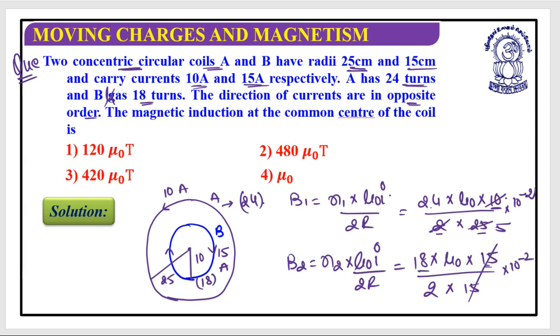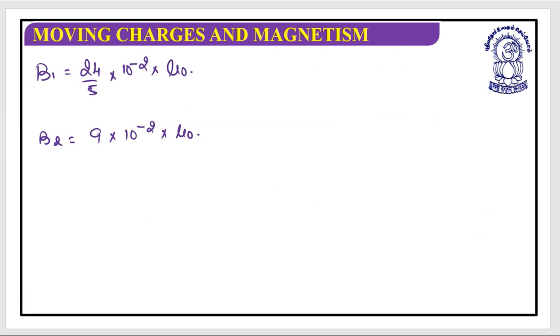Now directions. For B1, as this current is flowing in the anti-clockwise direction, its magnetic field will be outside the plane. The second is flowing in the clockwise direction, so it is inside the plane. As both directions are opposite to each other, you need to subtract.